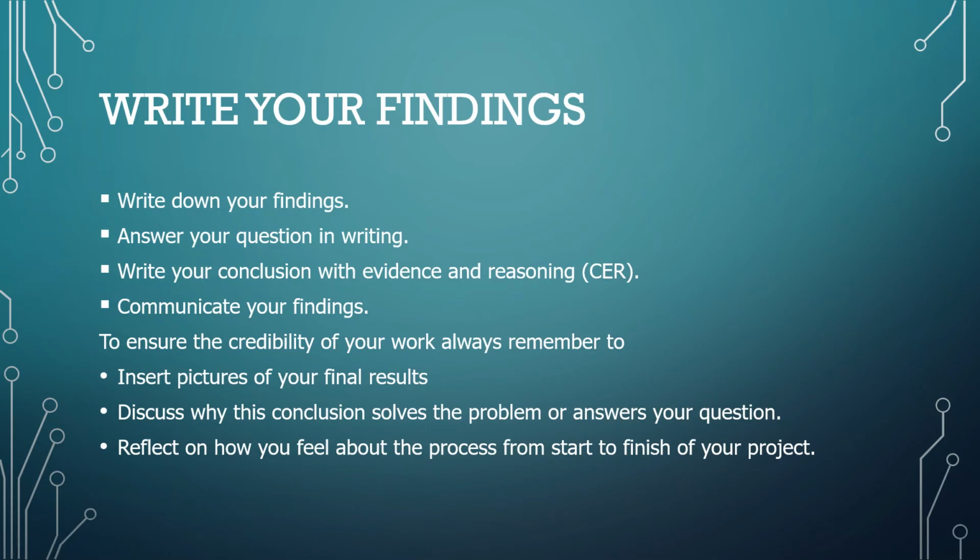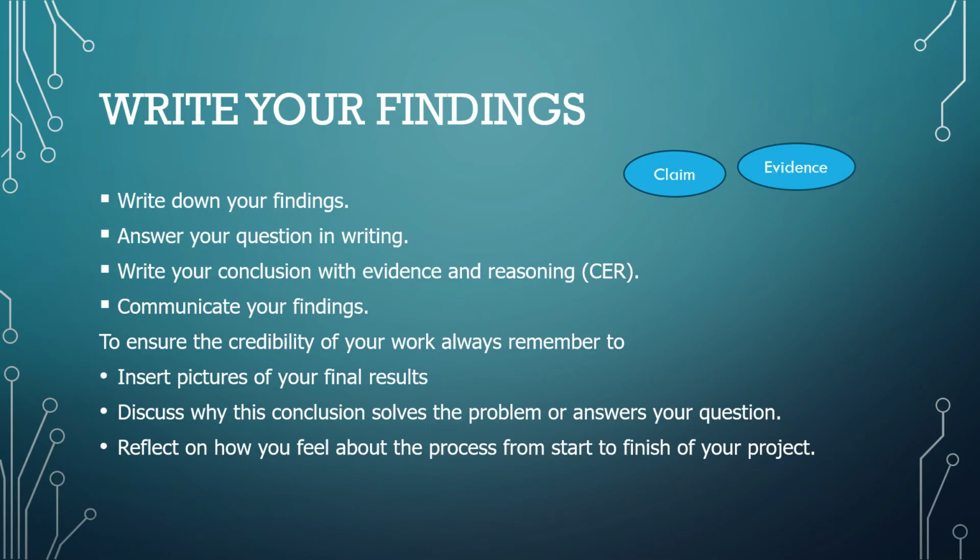And finally, you're going to write your findings. To write your findings, you make sure you answer the question in the writing process, and you make sure you write your conclusion with the CER that I've mentioned. Again, the claim, what you've claimed you are thinking is correct, which is basically your hypothesis.